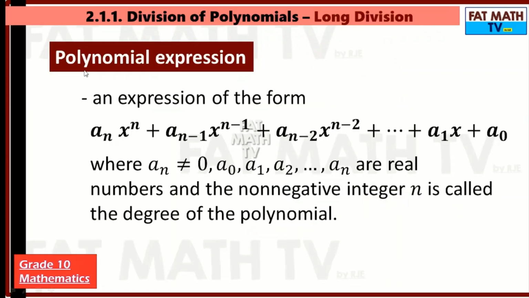So let's start. As a review, a polynomial expression is an expression of the form a sub n x raised to n plus a sub n minus 1 x raised to n minus 1 plus a sub n minus 2 x raised to n minus 2 plus ... plus a sub 1 x plus a sub 0, where a sub n is not equal to 0, a sub 0, a sub 1, a sub 2, up to a sub n are real numbers, and the non-negative integer n is called the degree of the polynomial.